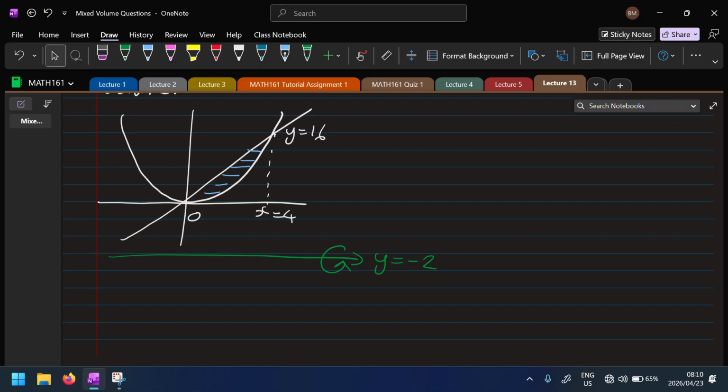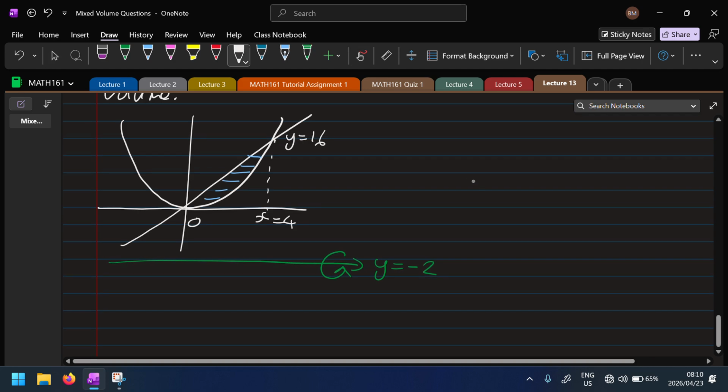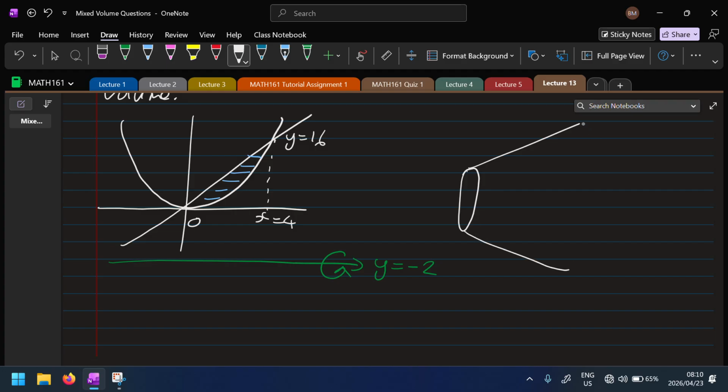Let's see what this looks like. So we end up with that. We have a cone sort of shape from that outside part, and then on the inside, we've got that curved line from the parabola.